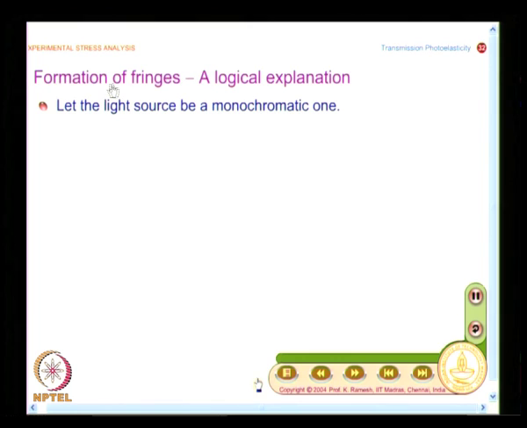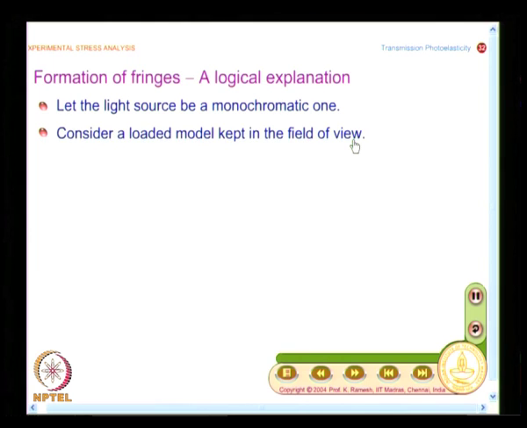Why do fringes get formed? We will try to provide a logical explanation. We have already seen the logical explanation, and this is another verification of whatever we have discussed. To simplify our effort, we will have the light source to be a monochromatic one.